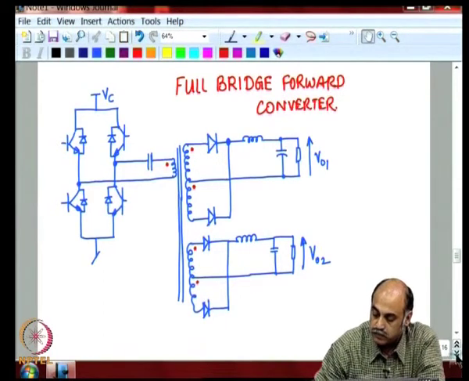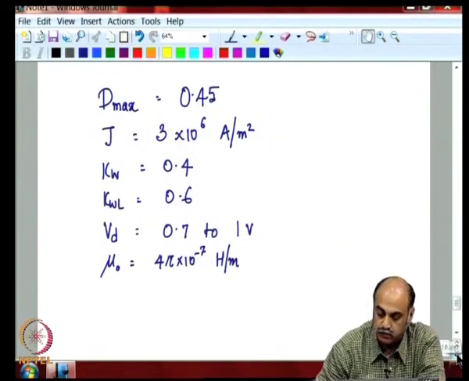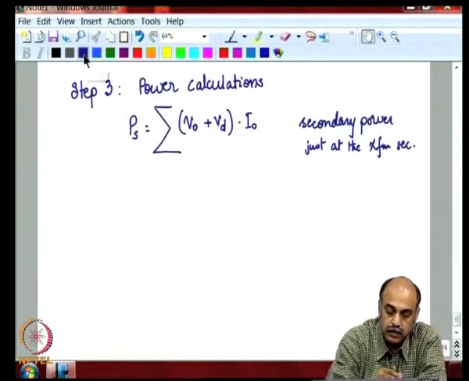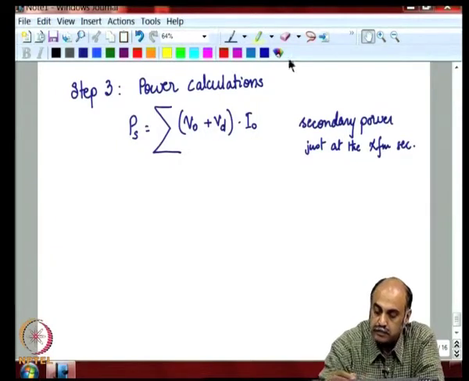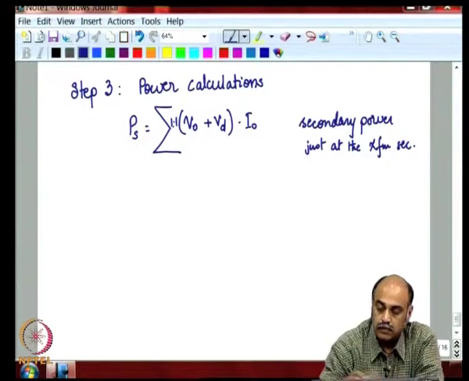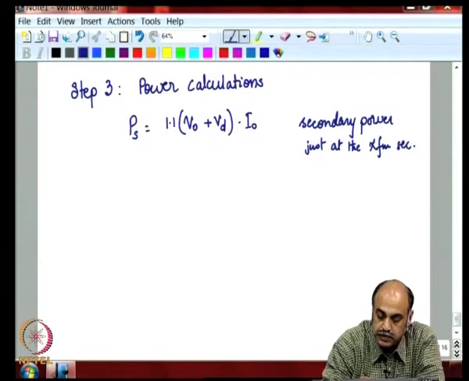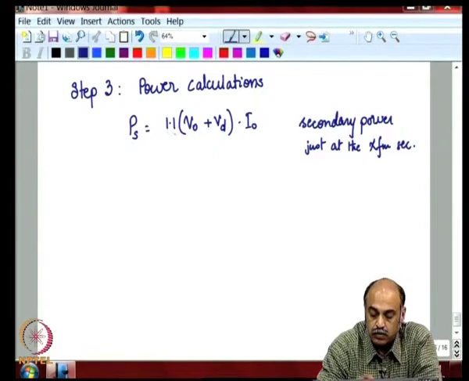You can account for them in a conservative way by giving some extra, so, let us say, by giving 10% extra voltage more at the secondary.